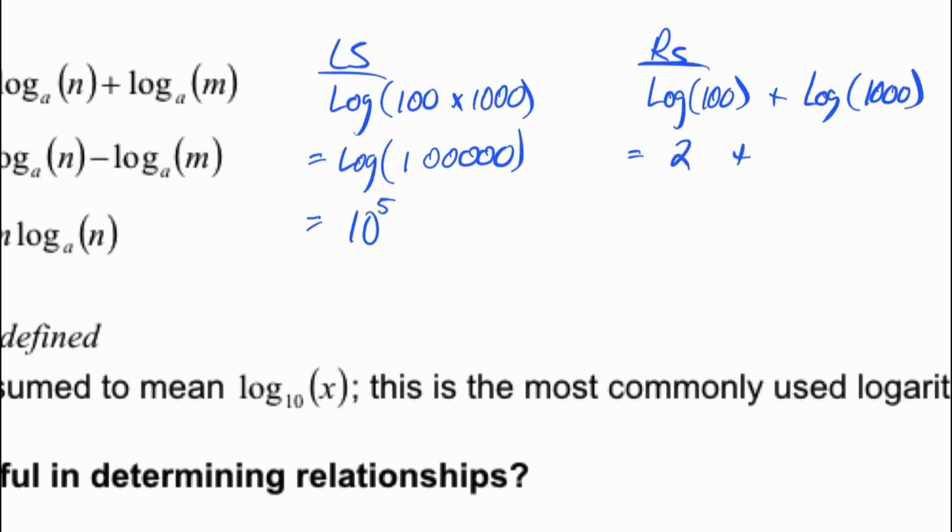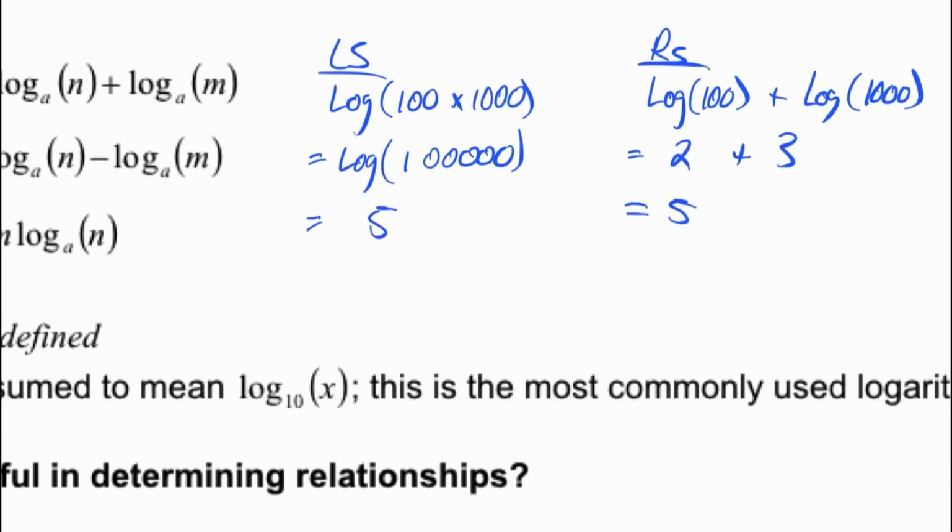Well, that's 2. And what power of 10 gives us 1,000? 3. And I'm sorry, I apologize, I'm conflating power and exponent. I meant what exponent of 10 gives you 100, and what exponent of 10 gives you 1,000, and that is 3. Anyway, 2 plus 3 equals 5. And actually I should fix this notation, because it's not 10 to the 5. Sorry, the answer would just be 5 because log is asking for what exponent.